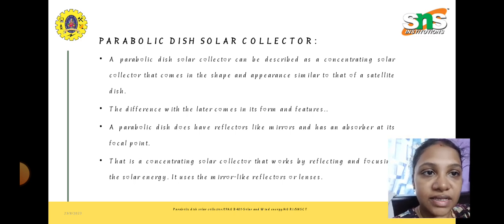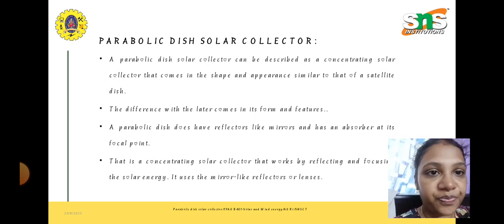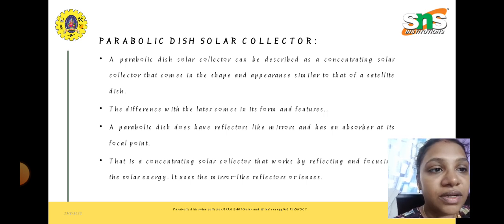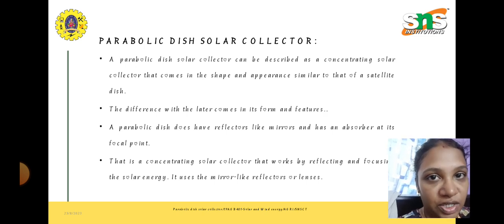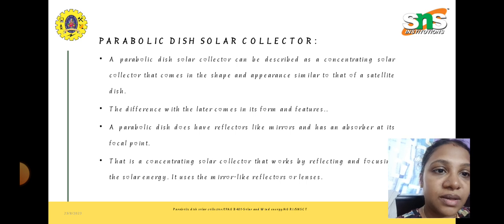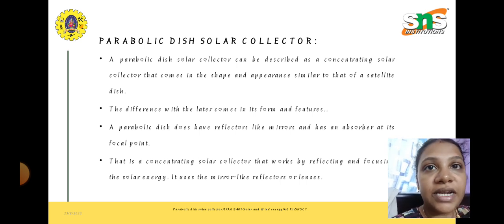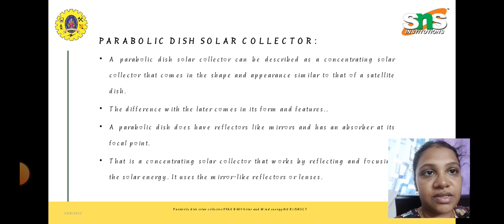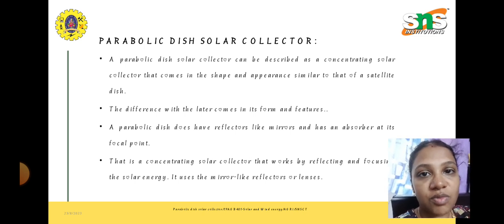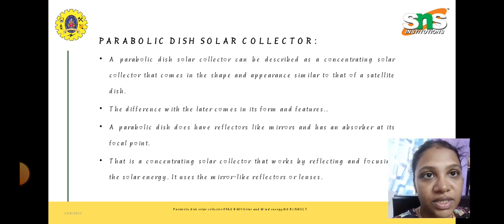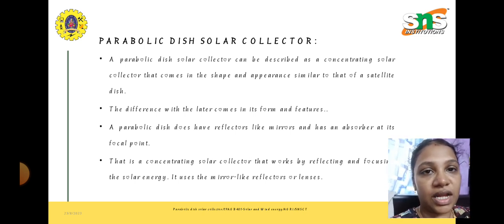It has a few reflectors, like mirrors, and also has an absorber at its focal point. This concentrating solar collector works by reflecting and focusing the solar energy, and it uses the mirrors as a reflection, or maybe for lens purposes. So this is overall a brief introduction to the parabolic dish solar collector.